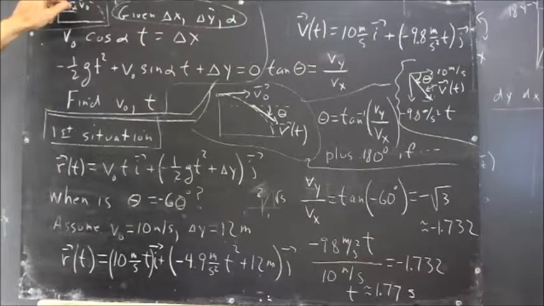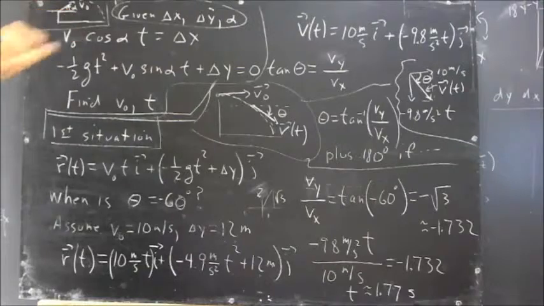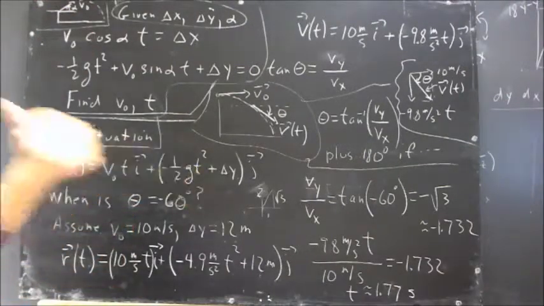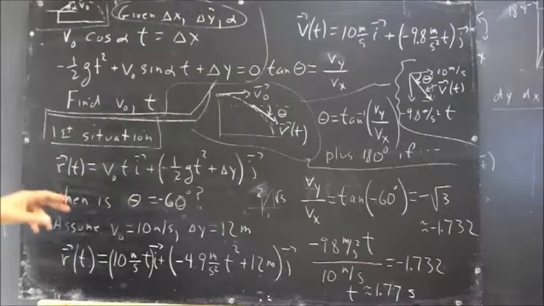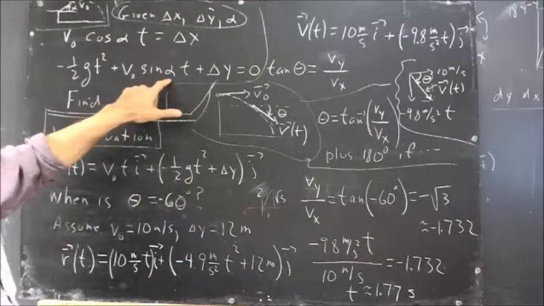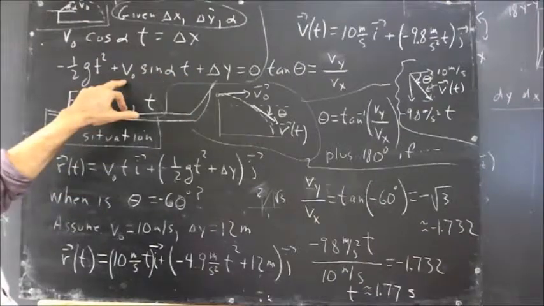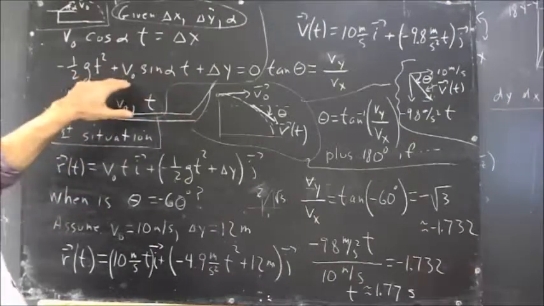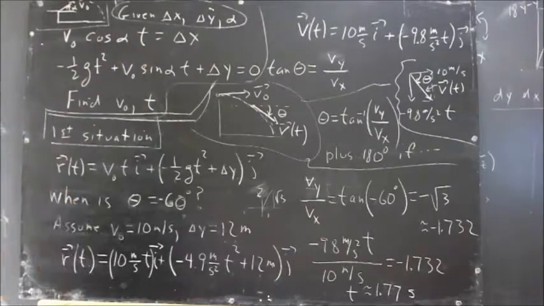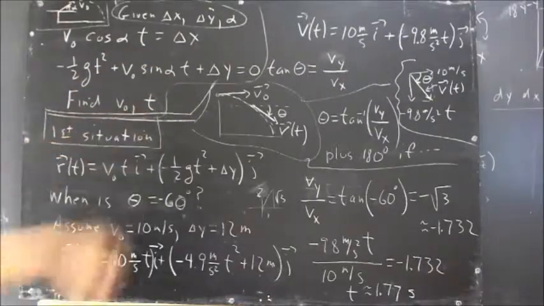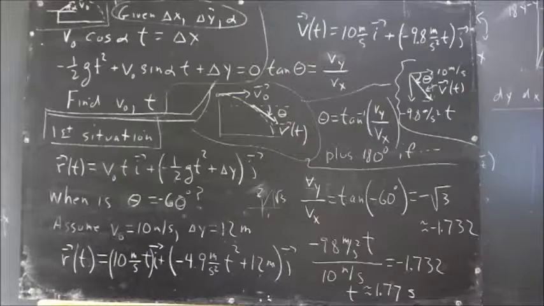The alpha is known, and we're trying to find V0, which would be the case for the projectile off the ramp. Okay, so if it's alpha that's unknown, you can solve for alpha and t. If it happens to be V0 that's unknown, then you need alpha, and you'd be able to solve for V0 and t. So here it says find V0 and t. And that would make sense in terms of the situation.